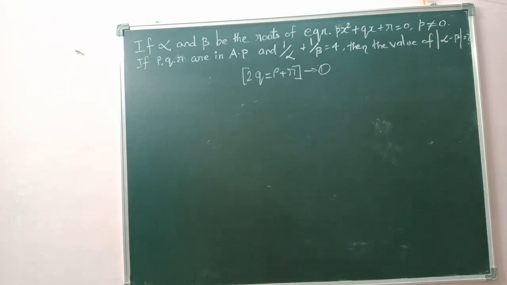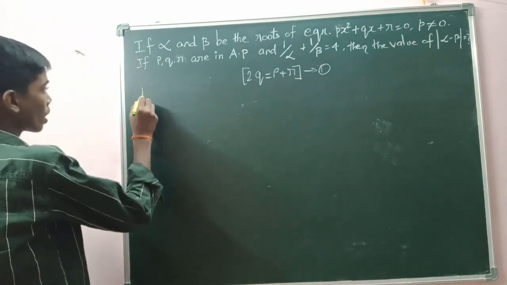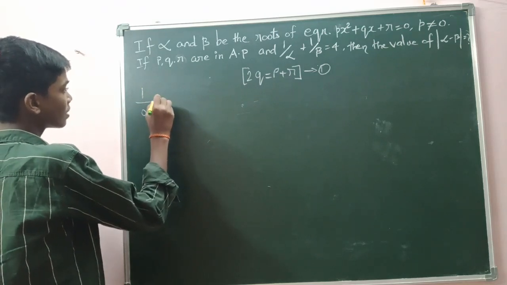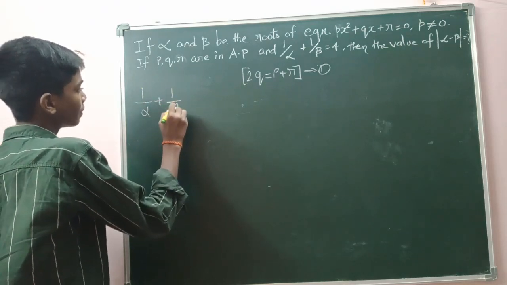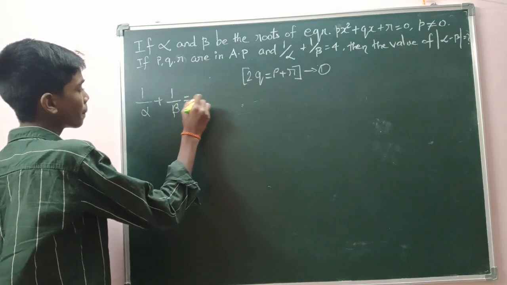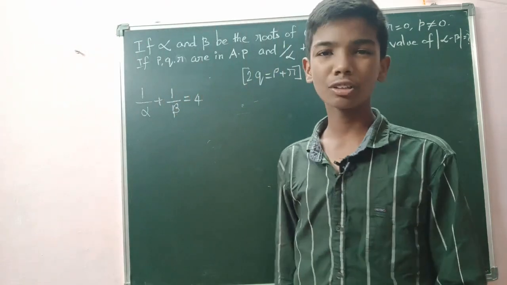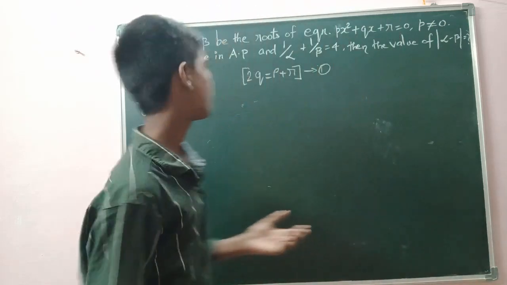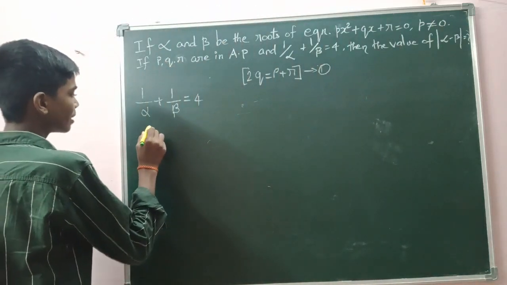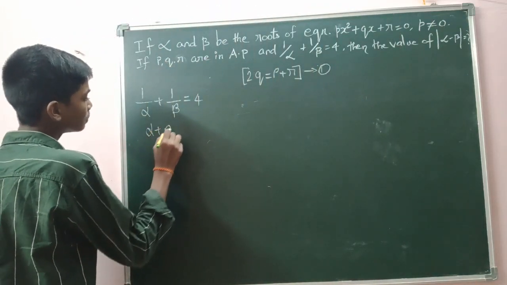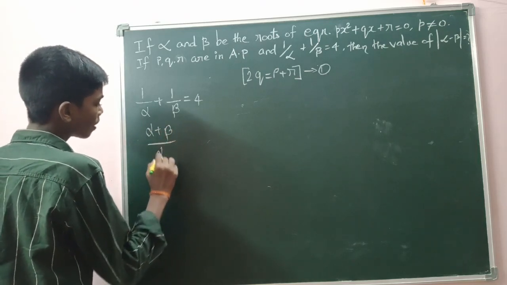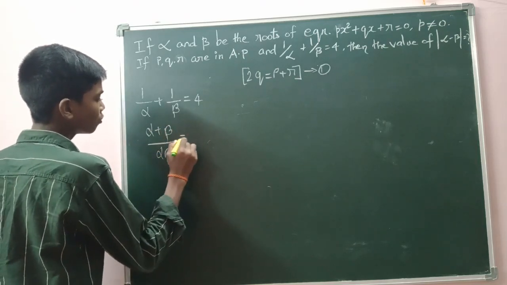not all other unnecessary things. And now, in the question it is given that 1 by alpha plus 1 by beta, that is the sum of the reciprocals of the roots, is nothing but 4. Nothing but 1 by alpha plus 1 by beta is equal to 4. If 1 by alpha plus 1 by beta is equal to 4, then just take the LCM. Therefore, we will get alpha plus beta by alpha beta is equal to 4, correct?